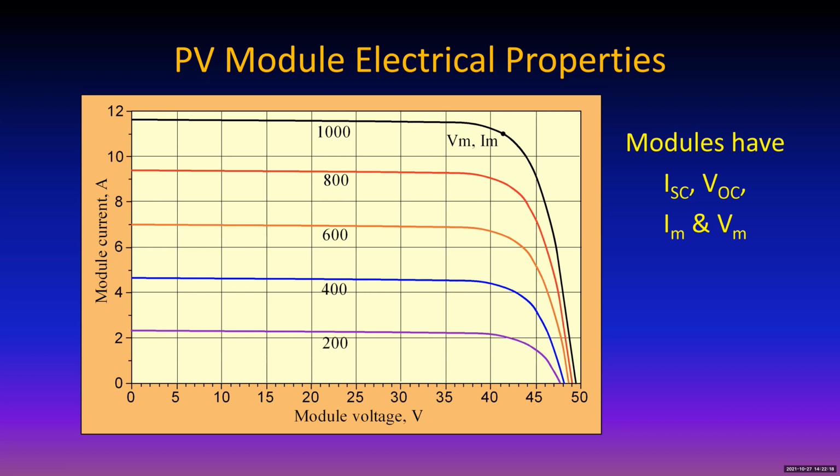The short circuit current is when the voltage is zero, and it varies with the sunlight. The open circuit voltage is when the current is zero, and it also varies with sunlight, but differently than the short circuit current. The short circuit current varies pretty much linearly with the sunlight. As the sunlight gets twice as bright, the current becomes twice as much.